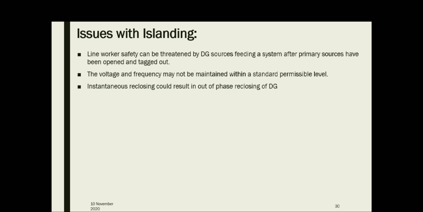They may not be aware of the power from the distributed energy resources, and they will continue to work in any maintenance work, and that will affect the safety of the line worker. And the voltage and frequency may not be maintained within the standard permissible level, and the instantaneous reclosing could result in out of phase reclosing of DG. These are some of the issues with islanding in the main grid.